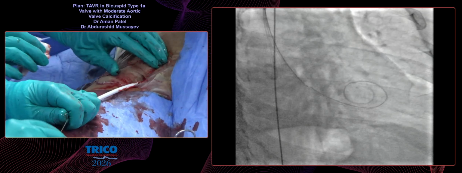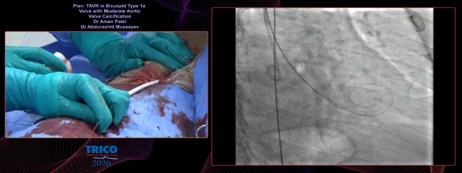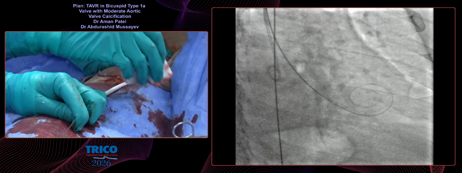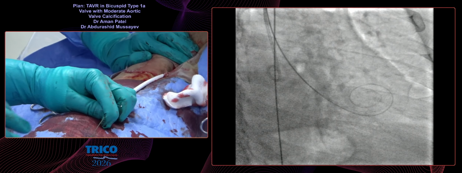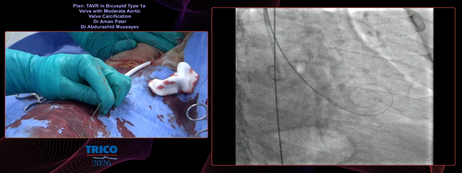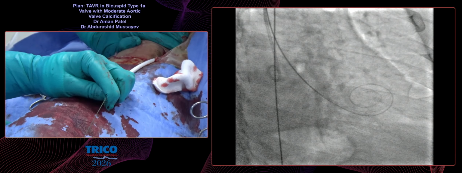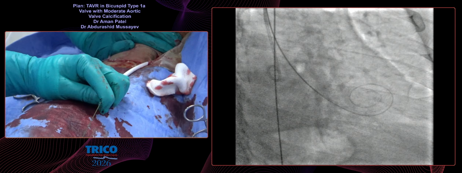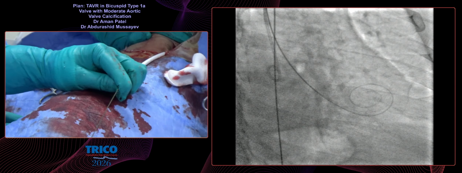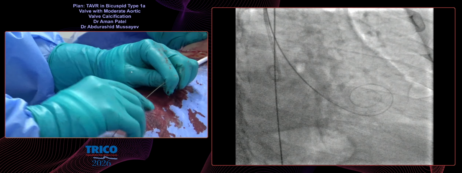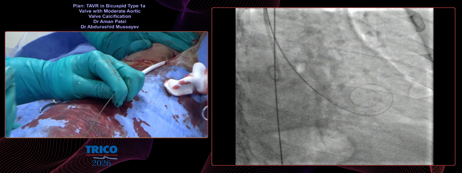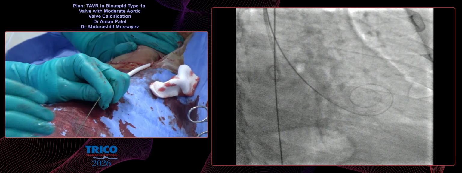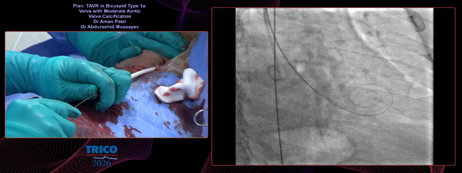But in this patient with a bicuspid aortic valve, we are planning to implant a little bit higher. The anchoring zone, as you know, in a bicuspid aortic valve is not at the level of the annulus but a little bit higher, and we are planning a zero implantation, so there is a very low risk of any conduction system disturbance.